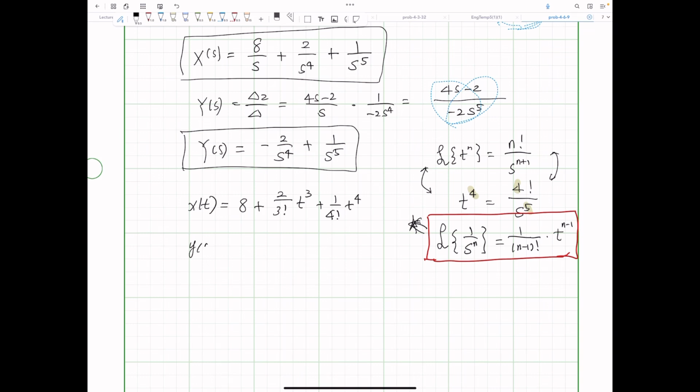For y of t, we have negative 2 times 1 over s^4, therefore 1 over 3 factorial t to the power of 4 minus 1, which is 3, plus 1 over s^5, again 1 over 4 factorial t to the power of 4.